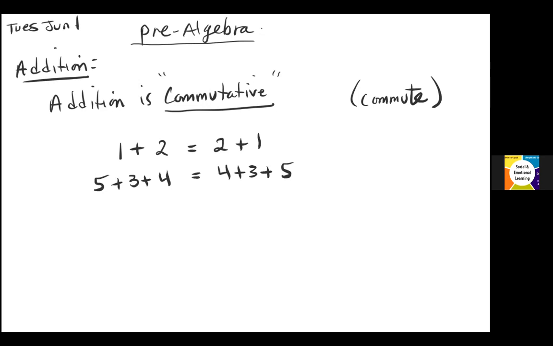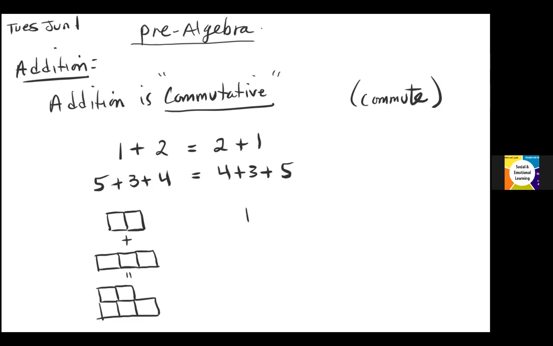And the way the Art of Problem Solving book demonstrates a proof for this is by using these diagrams, these boxes here. Let's say we have 2 boxes and we add 3 boxes, we get 2 and 3 boxes added together like that.